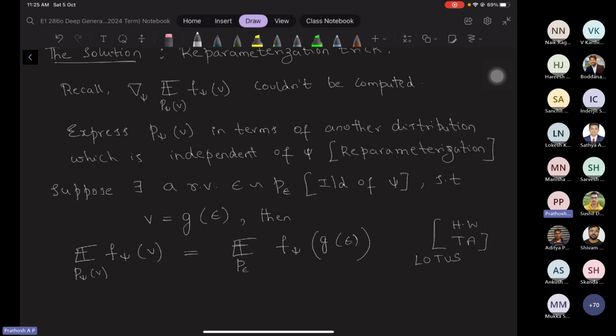If you do that, then the expectation of the function with respect to p psi now becomes an expectation with respect to p epsilon, which is independent of the parameters psi. This is what is called reparameterization. This g function is called the reparameterization function.